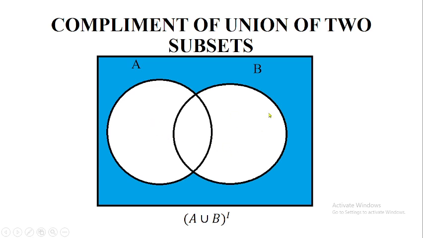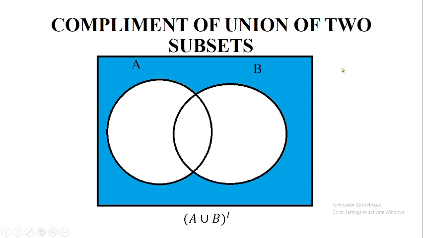Then the elements in the colored area here represent (A union B) complement. That means those elements are here, but they are not here. A union B needs to be removed to get all the elements here. That is (A union B) complement.